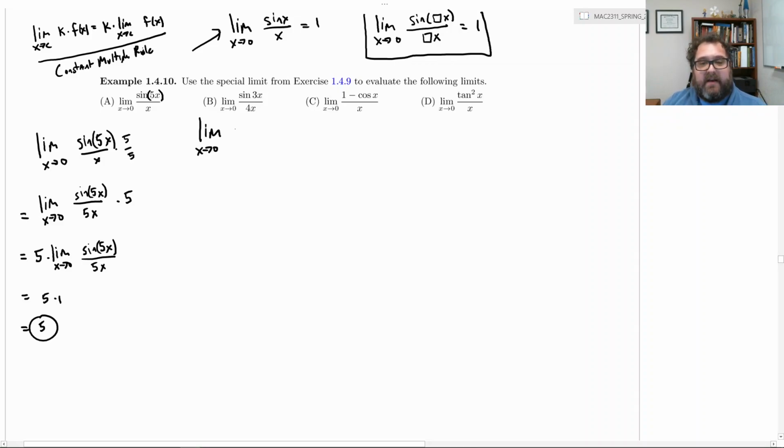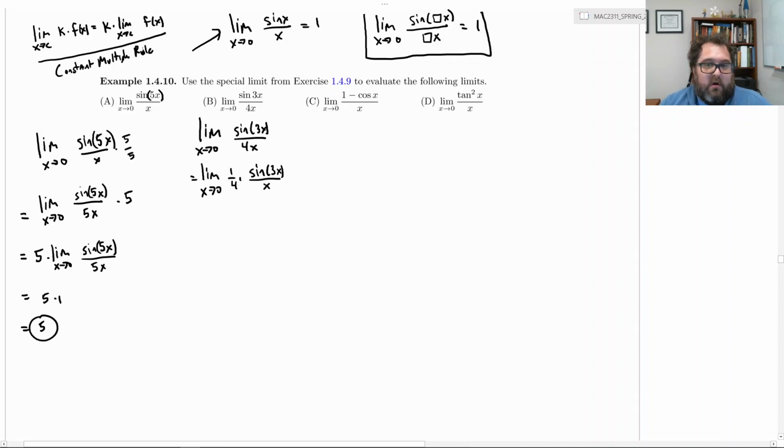Okay, so if I start off with sine 3x over 4x, the first thing I would note, and this is going to be a handy tool to have in your toolbox a lot, especially in the next chapter, is that this is the same thing as sine 3x over x times 1/4.